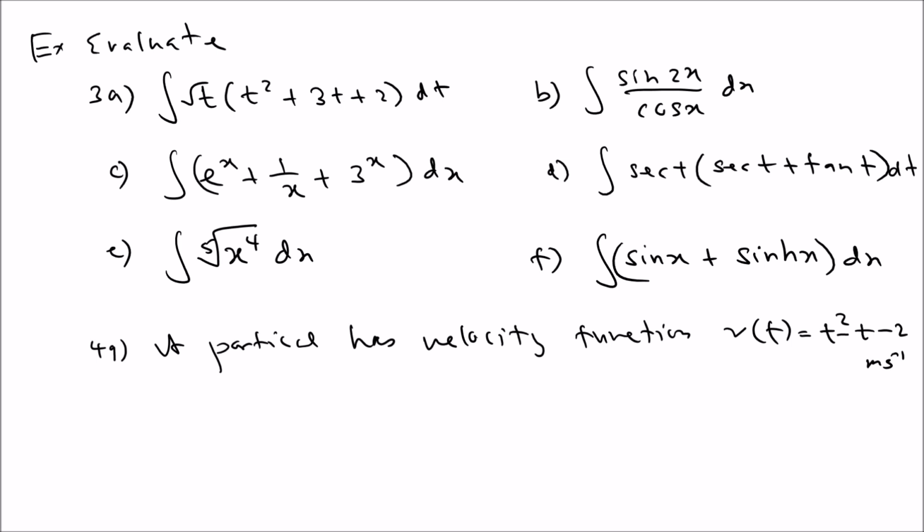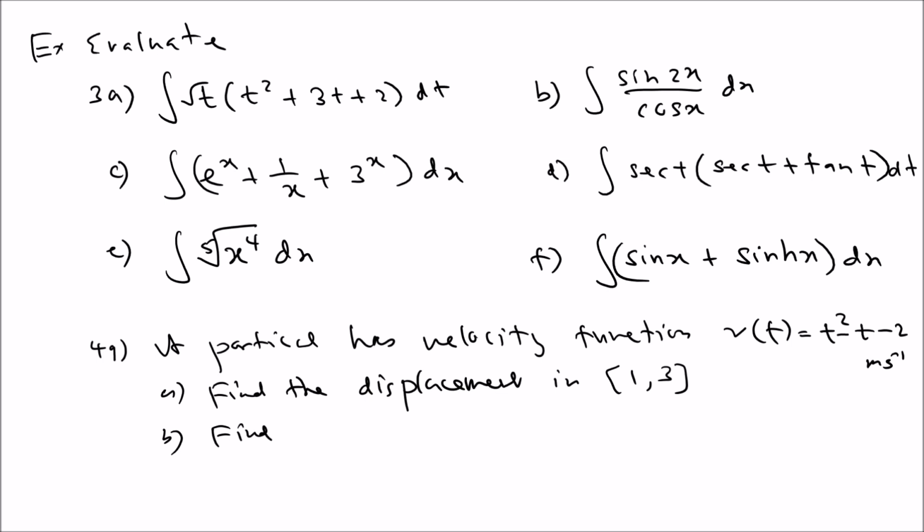Part A, find the displacement in the time interval 1 to 3, and then, same, find the total distance traveled in the same time interval 1 to 3.